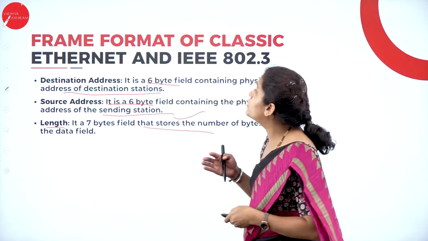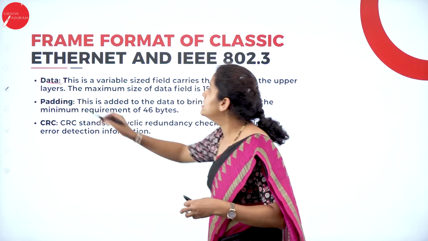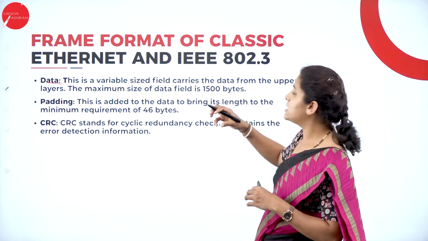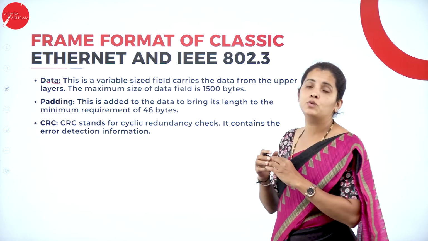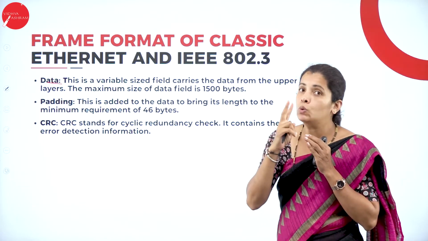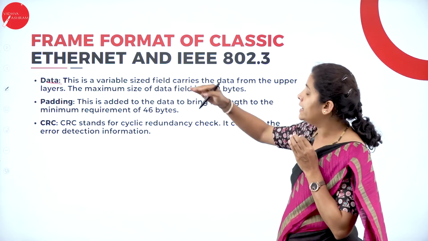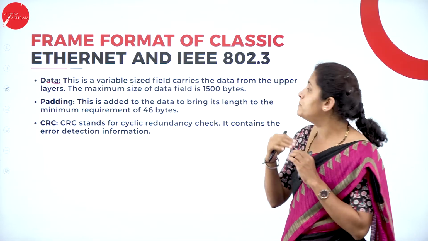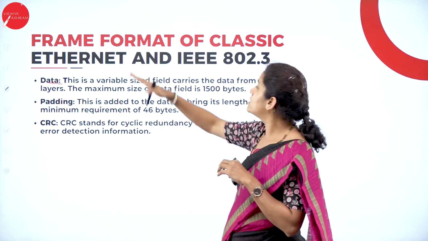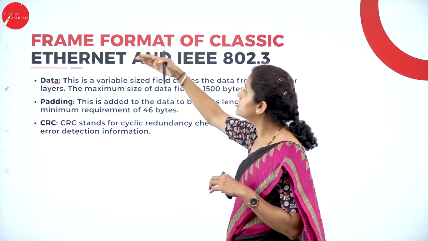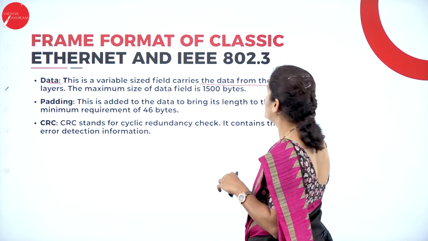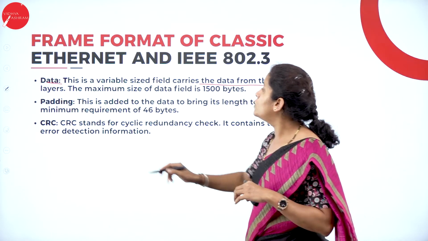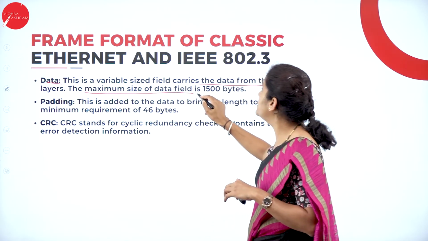Moving further, we are going to get data. This is a variable size field. It has two limits, minimum data length and maximum data length. It is a variable sized field that carries the data from the upper layer.